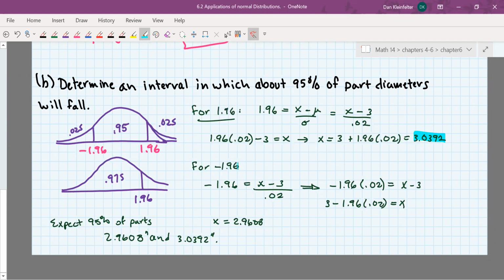And for negative 1.96, we again went through a little bit of algebra to get 2.9608. I'll leave it to you to do a little bit of math there and determine that the differences from the mean, which was 3, are equal on both sides. All right, so that's it for now. We will continue with section 3.2 next time.